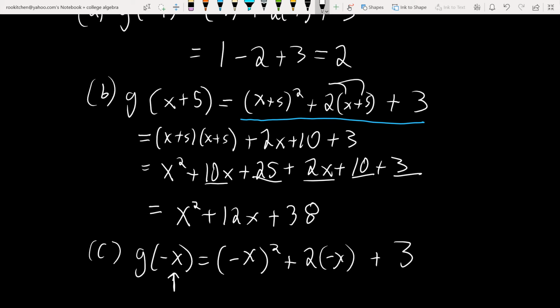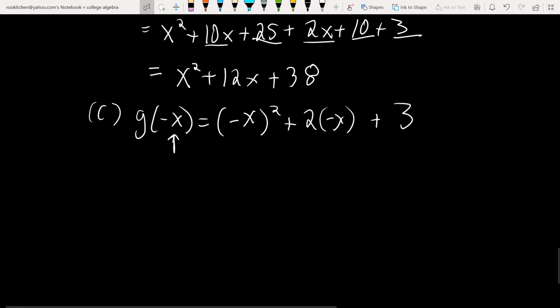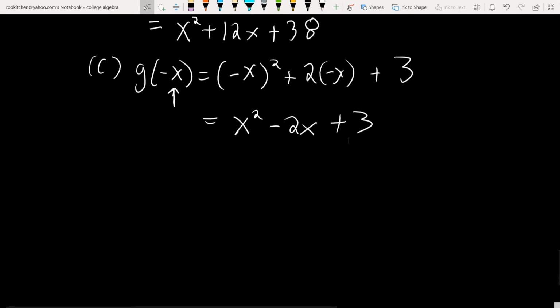Good to go. Now multiply: negative x squared is negative x times negative x, so that'll be a positive x squared. 2 times negative x is negative 2x, and then plus 3. And no more like terms, so you're done.